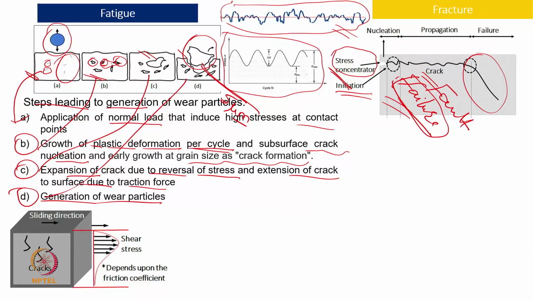Just to illustrate, again I am trying to show there is one surface, it has cracks inside, and then we have a sliding direction. Of course there will be normal load also. Now because of this sliding direction and the friction, shear stress will be induced, and we know that maximum shear stress will occur just below, some thickness below the surface.